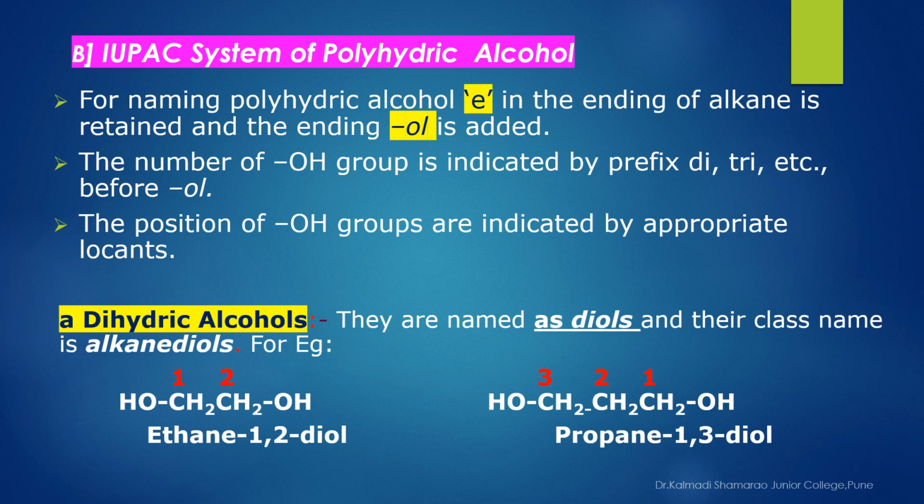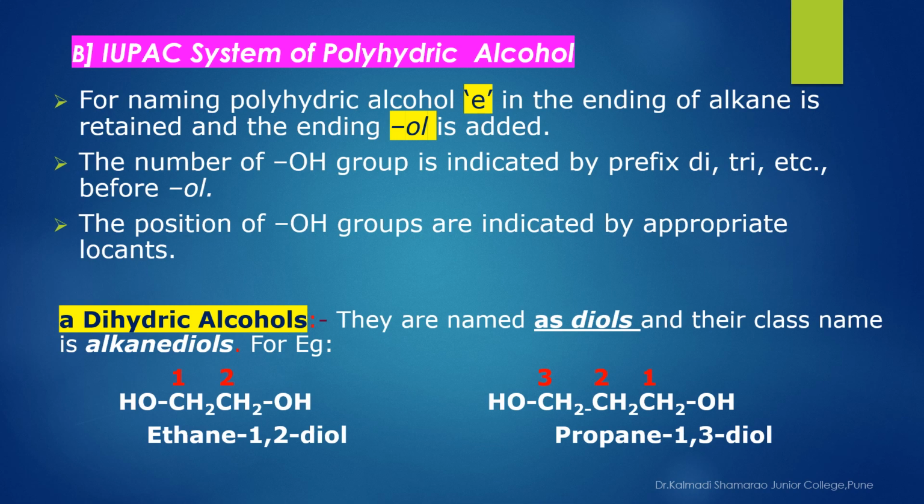The E of the alkane is retained, therefore ethane and propane are mentioned. The positions at which the hydroxyl groups are present are indicated by the locant numbers. Since the hydroxyl groups are 2 in number, therefore diol.